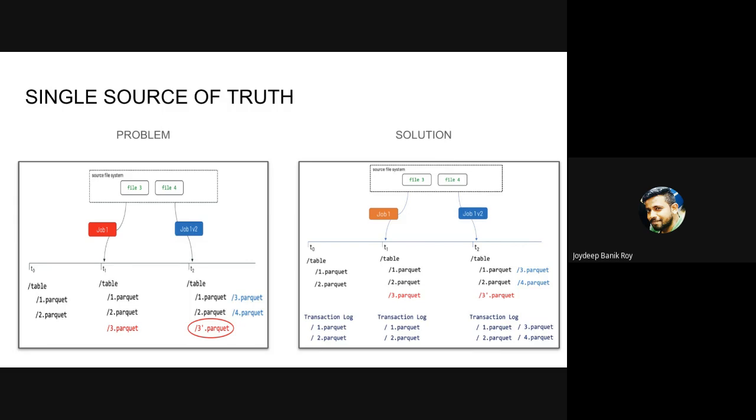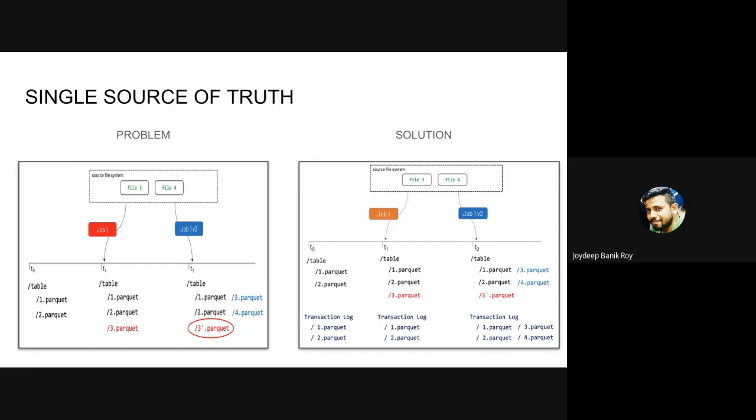The transaction log starts with 1.parquet and 2.parquet. When job 1 failed, 3.parquet was not added. So the first intuition is that it has nothing to do with the job. The job is still a plain old Spark job, but Delta has everything to do with these transaction logs.